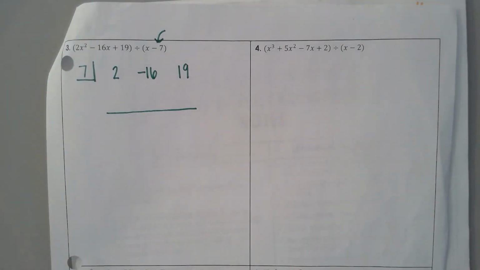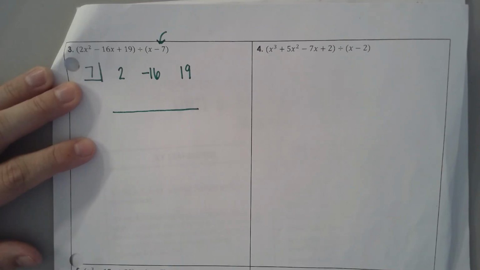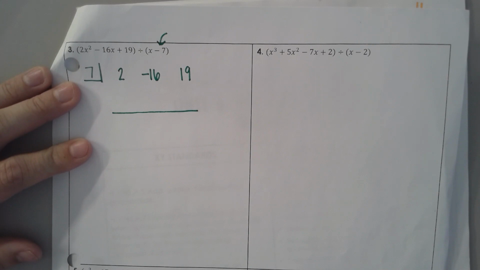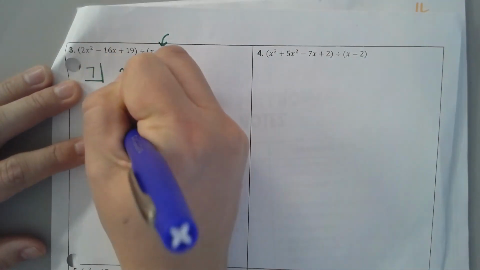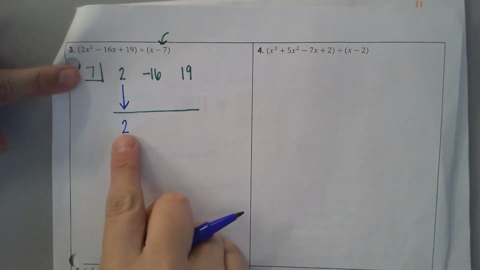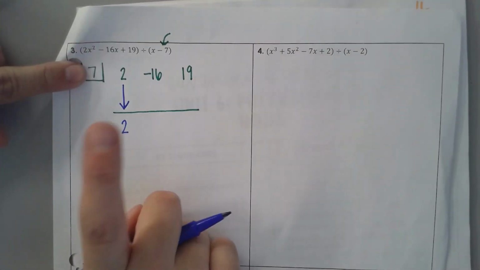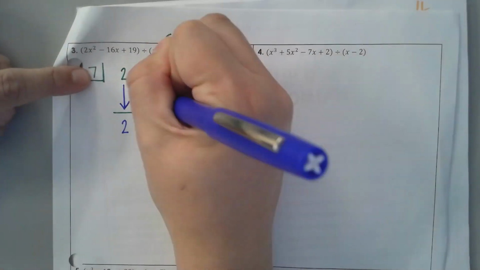So what's my first step? Bring down the first number. So I bring down the 2, and then I multiply. 2 times 7 is 14.